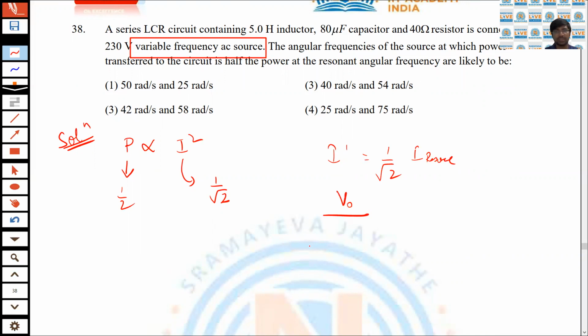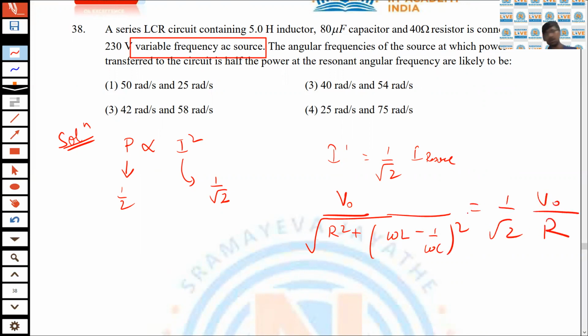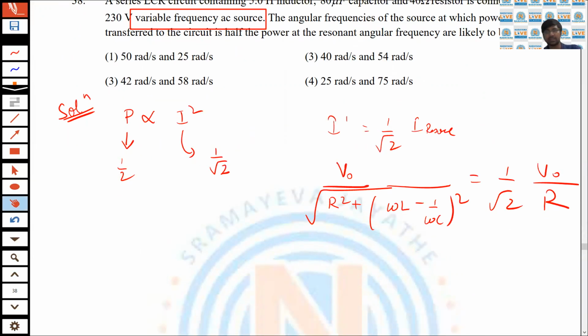which basically means V naught divided by under root of impedance, that is R square plus omega L minus 1 by omega C whole square, is equal to 1 by root 2 times V naught divided by R, which is the case of the resonance. All right.